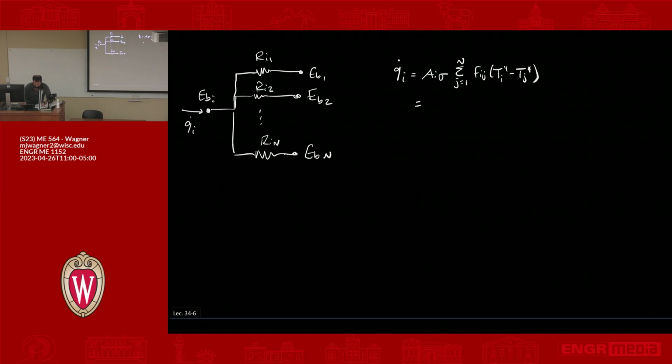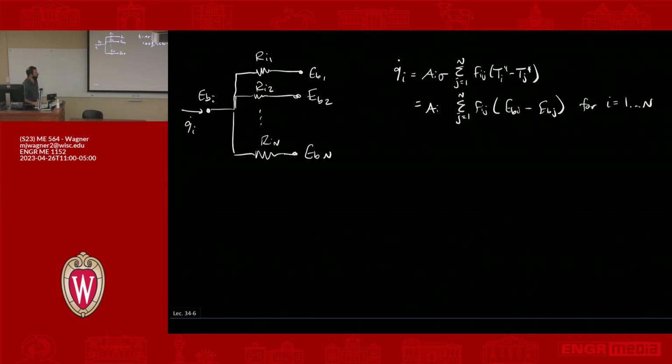That's actually the same thing as saying AI sum j equals 1 to n Fij EBI minus EBj. And then this is repeated for I in the range 1 to n.